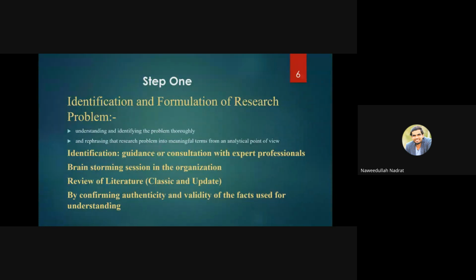Like in case of Afghanistan, we are not supposed to focus only on education studies that have been conducted within the last 5 years. Rather, we can go back and learn from classic studies conducted in the 70s and 80s. And definitely there must be some research that is available.